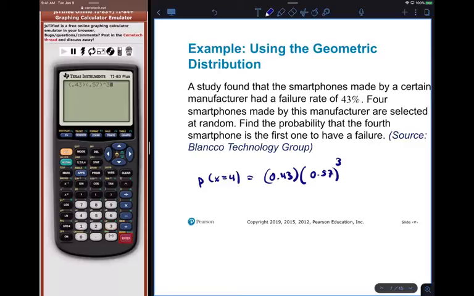And we get approximately 0.0796, it's about 8%. So it's a low probability.